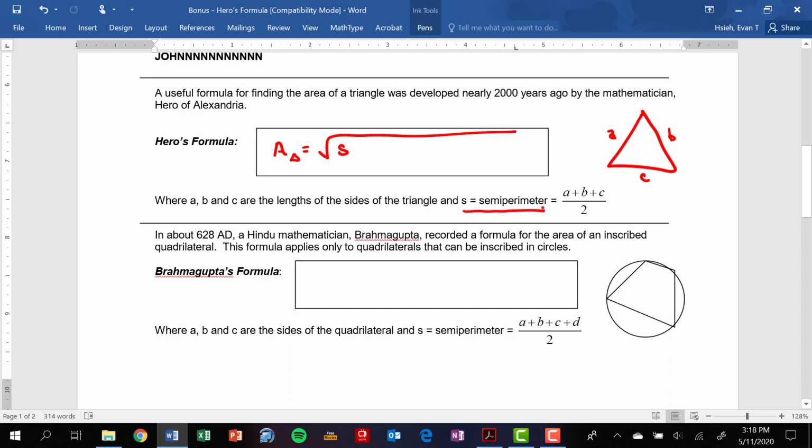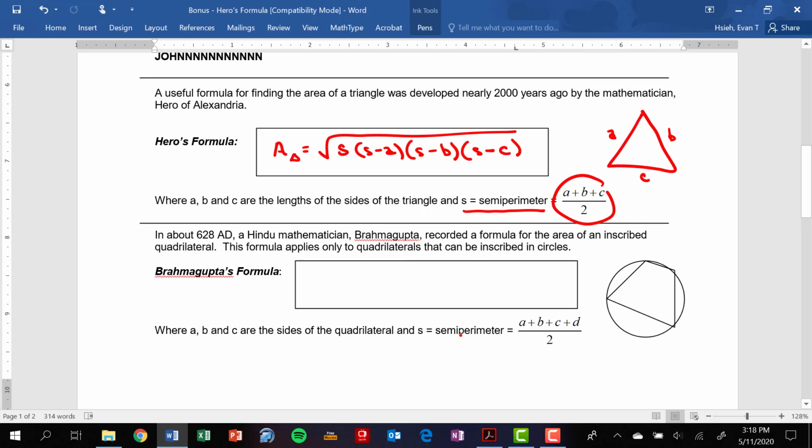Just like a semicircle is half the circle, semi-perimeter is half of the perimeter of the triangle. So it's S times S minus A, which is the first side of the triangle, times S minus B, times S minus C. And once you plug that into that formula, you can get the area of any triangle where you know the 3 sides of the triangle.